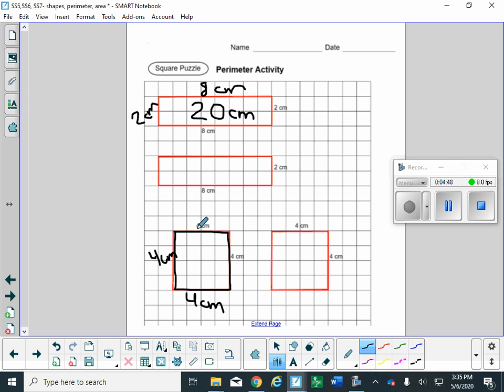Now, I could use my multiplication here because I have 4 times 4. So I know it's 16 centimeters. Any strategy I want to use. If I just want to figure out, well, 4 plus 4 is 8, plus 4 more is 12, plus 4 more is 16. So you can press pause and figure this one out. Now we know the answer already, but just how would you do it?